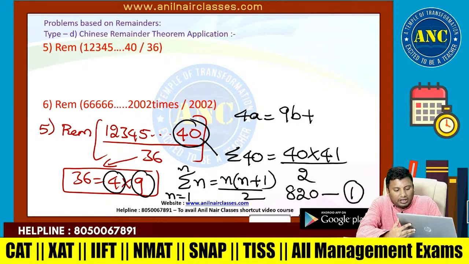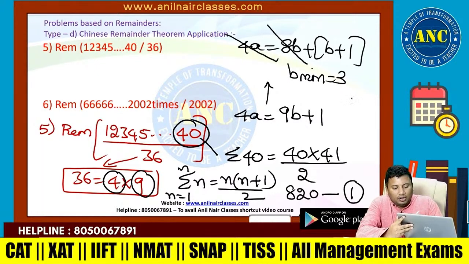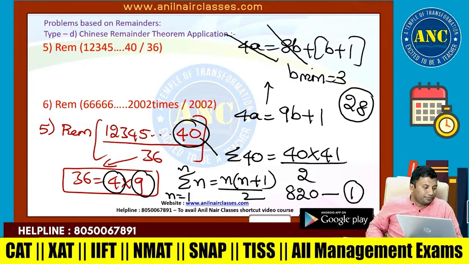So 4a is equivalent to 9b plus 1. 4a is 8b plus b plus 1, so b must be divisible by 4. B minimum value is 3, so 27 plus 1. The answer is 28.